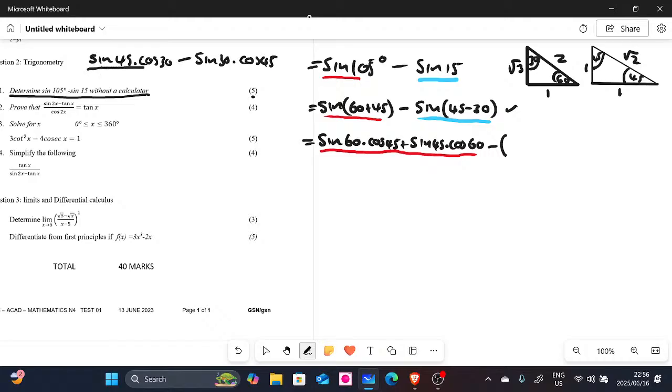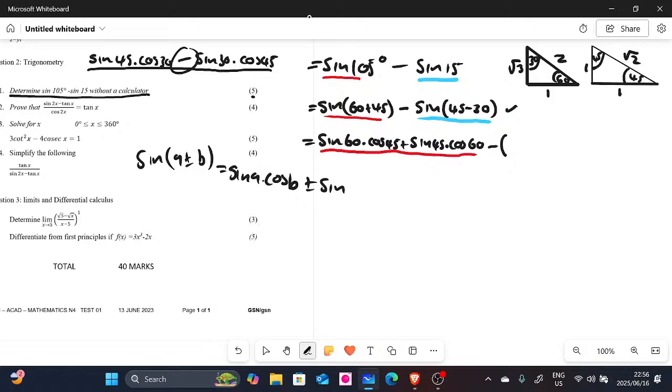Again, if you have a formula sheet, you will see that this is there. I always tell people that you must be able to know the signs in the middle, because the formula sheet is gonna give you A plus or minus B, and then when they expand, they're gonna give you sine A multiplied by cos B plus or minus, right?